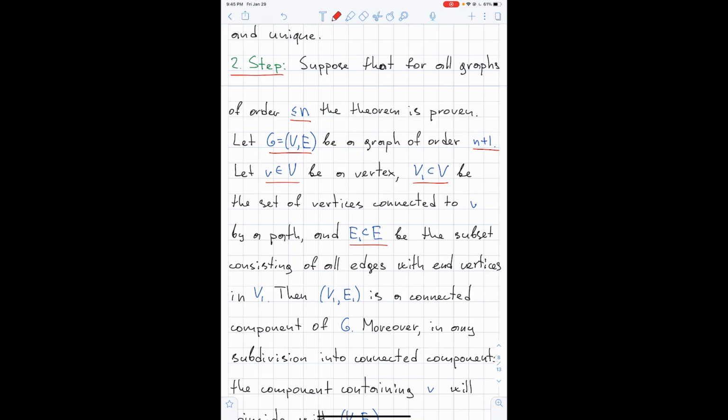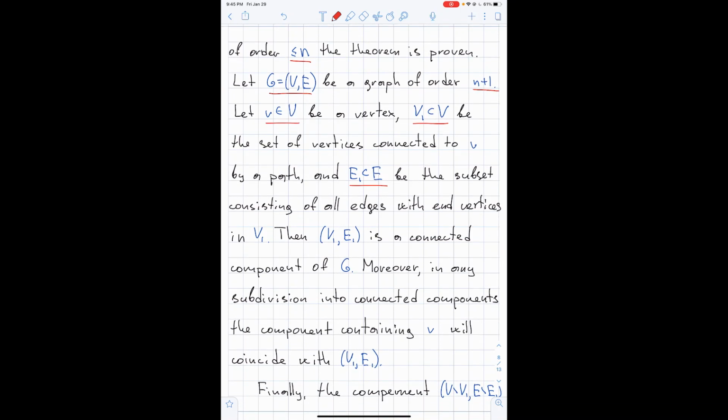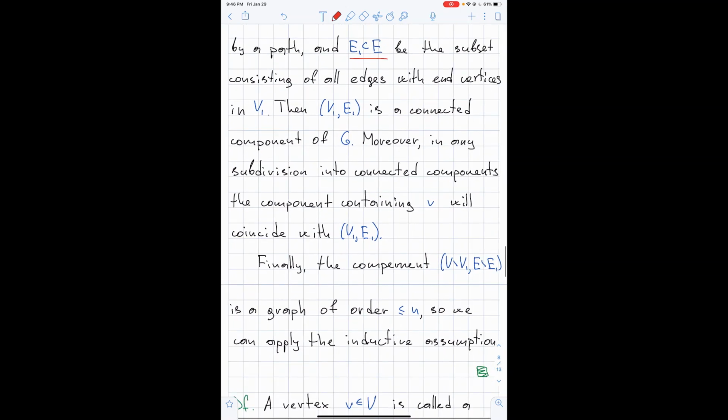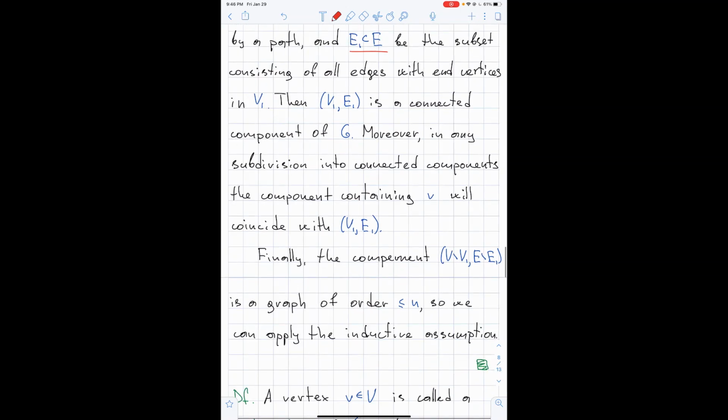So there is no ambiguity here, we take all the edges connecting vertices in V1, and by construction and by definition of a connected component, this (V1, E1) is a connected component of G.